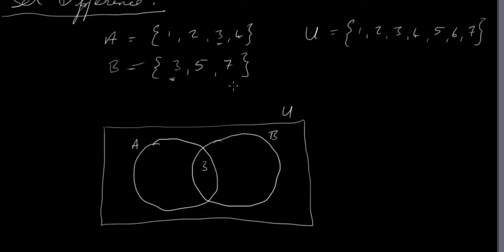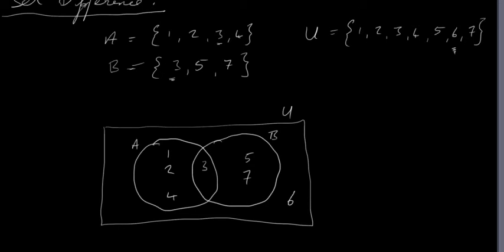There's no 5 in A, there's a 7 in B, so it's only 3. So in A we've got 1, 2, and 4. In B we have 5 and 7. And our universal set is all of these numbers here. Anything missing? Let's see, 1, 2, 3, 4, 5, 7. So 6 is missing. So we have 6 here in the universal set. It's not in A and B, so we put it out here.